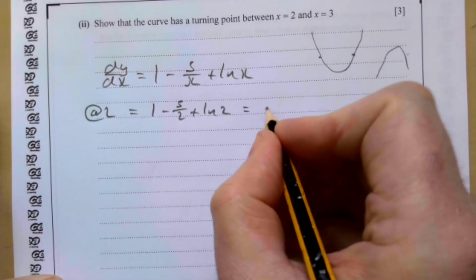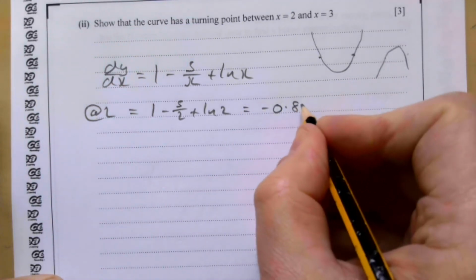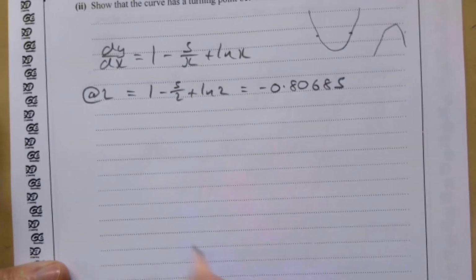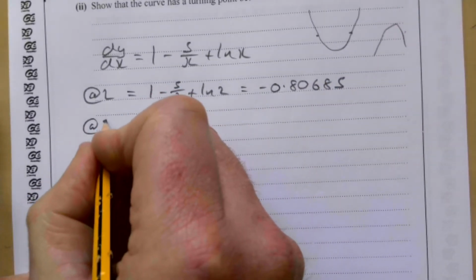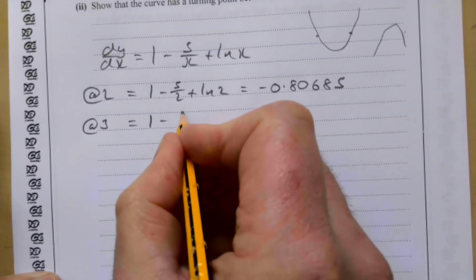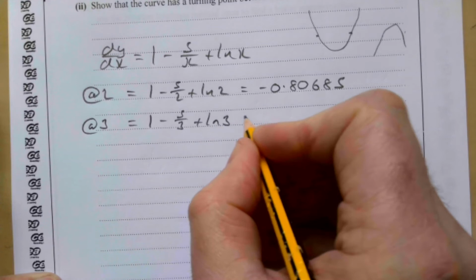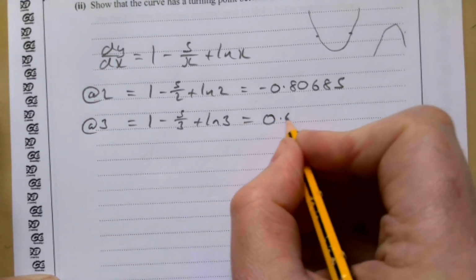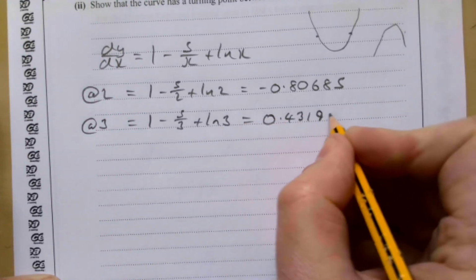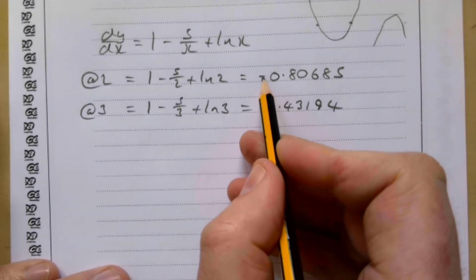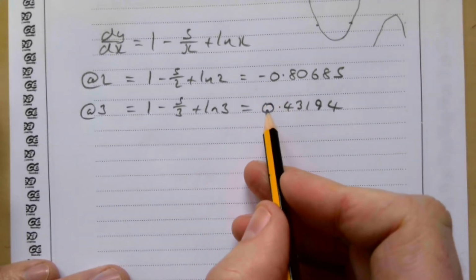If you put that into your calculator, you get minus 0.80685. At 3, 1 minus 5 over 3 plus ln 3, which gives 0.43194, and it's the fact that this is a negative and this is a positive.